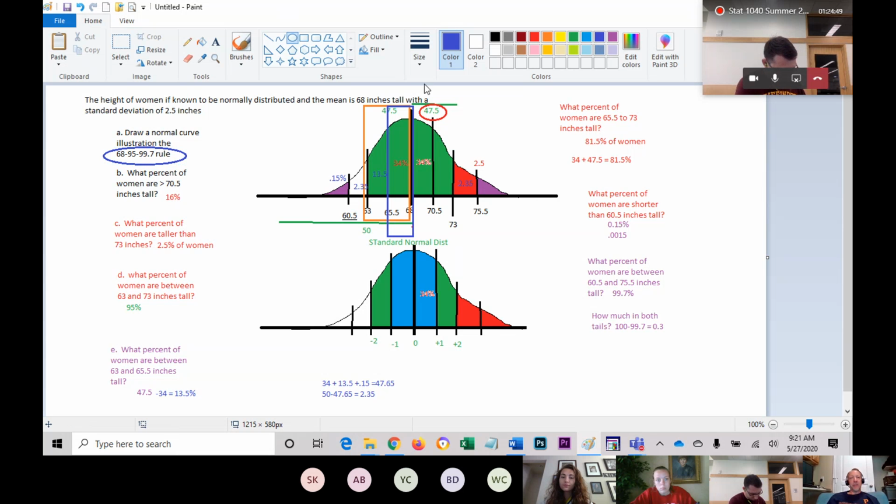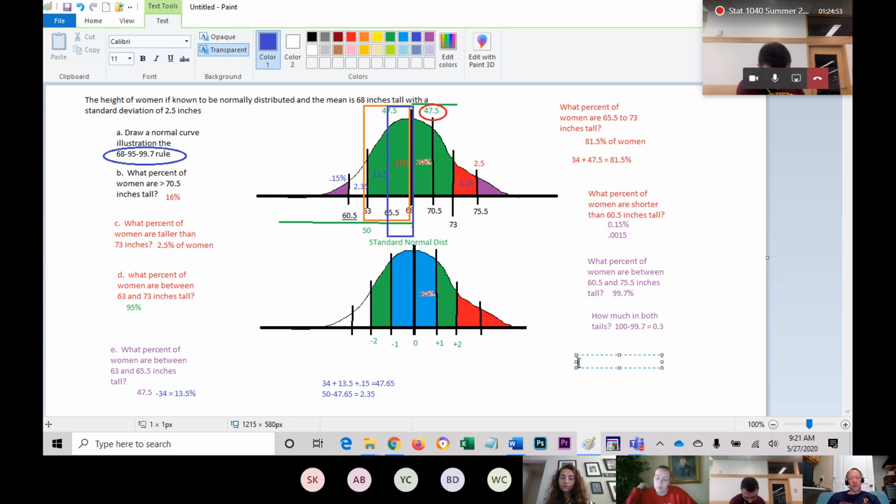But the question then arises: a woman who is 69 inches tall is taller than what percent of women?